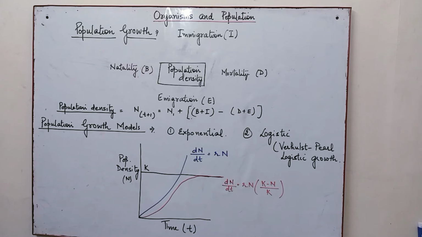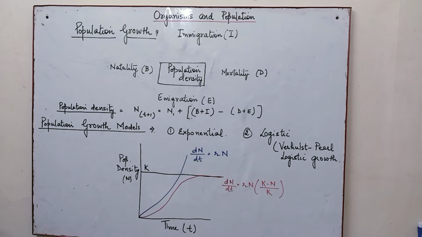Now, the population in a given habitat is affected mainly by four processes, besides those factors which we were discussing, like food availability. These were the main causes, but there are four major processes which cause the increase or decrease of population density.